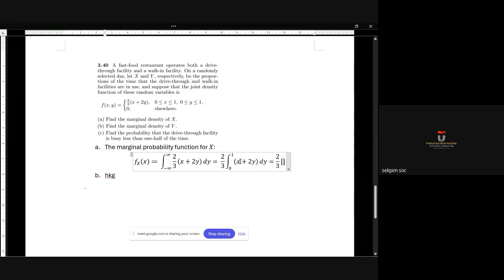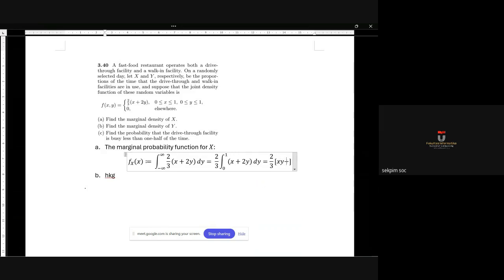Over y, x is constant, so we have xy plus, for 2y, the antiderivative is y squared. We take this for y from 0 to 1, because we take the integral over y.